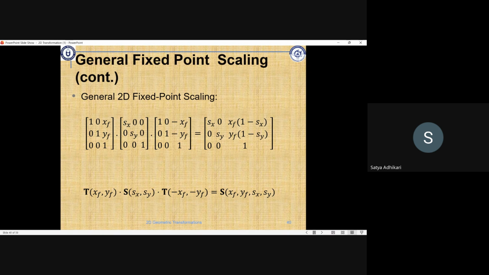Once it is scaled, we use the inverse translation matrix, where xf and yf change their sign: 1 0 minus xf, 0 1 minus yf, 0 0 1. After multiplying, you will get the final resultant matrix. This is the representation of general fixed point scaling, that is, scaling with respect to any fixed point other than the origin.